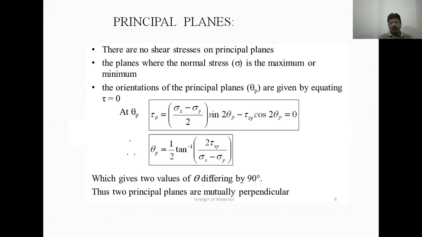A plane that doesn't have any shear stress will be inclined at 1 by 2 tan inverse of 2 tau xy divided by (sigma x minus sigma y), which gives two values of theta differing by 90 degrees. Thus, two principal planes are mutually perpendicular. As we discussed earlier, there will be two mutually perpendicular planes that have shear stress as 0. So the value of theta p can be found.